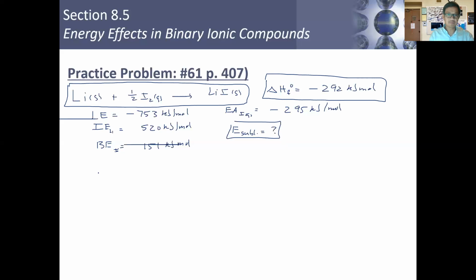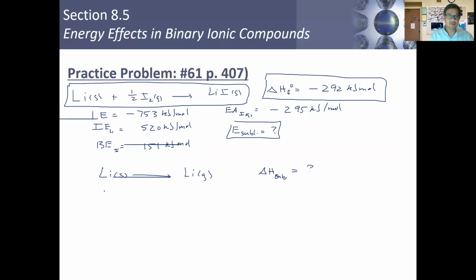The very first step, remember, is the lithium metal, a solid, becoming a gas, and that's your enthalpy of sublimation. That's what we were solving for here, the delta H of sublimation. That's what we were looking for right there. That's the very first step.